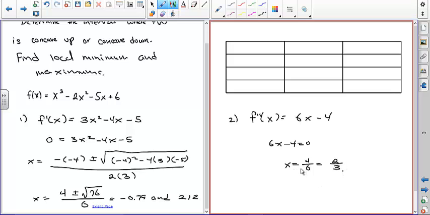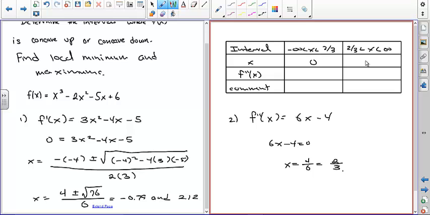Okay. So what we can do now, knowing that the second derivative is 0 at this x value, is set up our table for the second derivative. So we have interval, x, f double prime of x, and some comment about concavity. The interval here will be from negative infinity to 2/3, and from 2/3 to positive infinity.